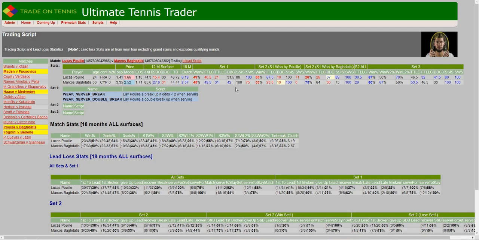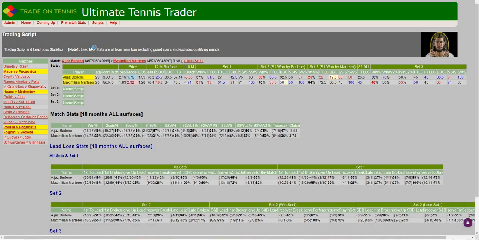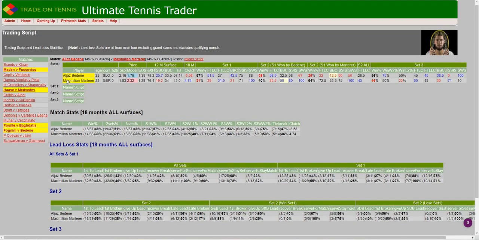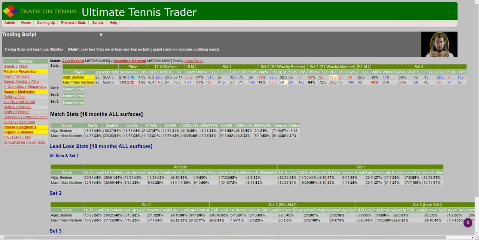Again, the stats are there as a guideline. Don't take them as gospel, but they do help your reading of the match. You've got to use the two in conjunction with each other. If we click on the link there, scripts, that will take us through all the matches of the day.